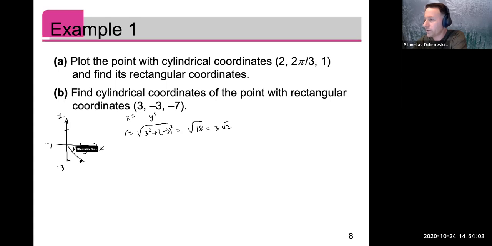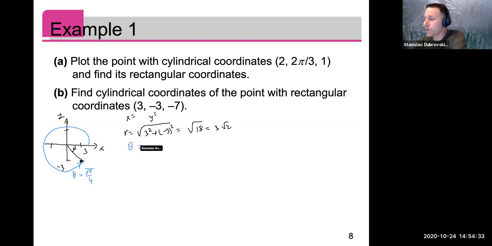Well, if you allow negative angles, negative pi over 4, or for positive angles, then you would have 7 pi over 4. So we can say theta is 7 pi over 4, I guess the standard one, if you're considering 0 to 2 pi as the standard range.